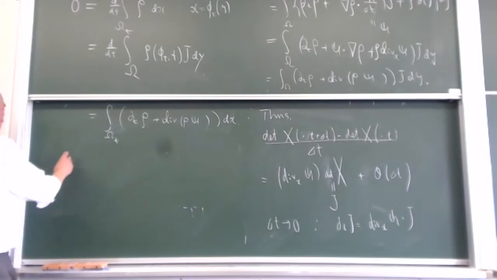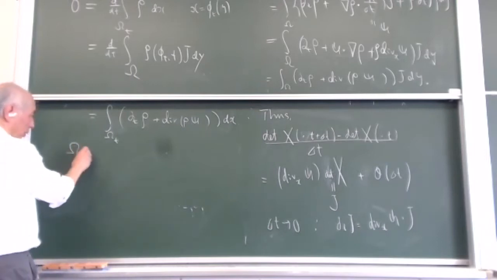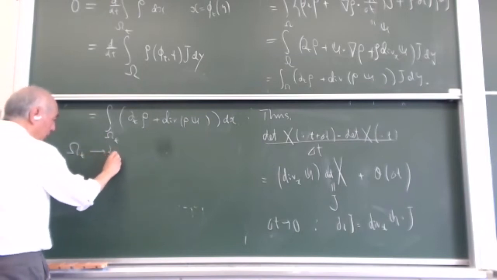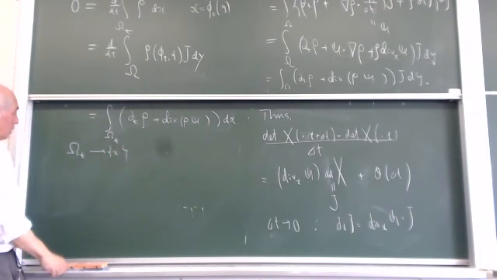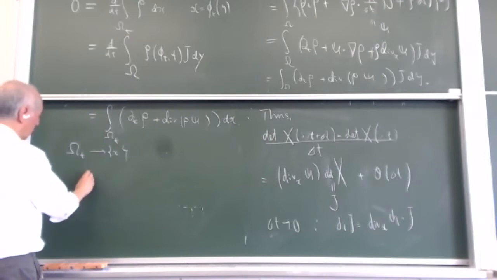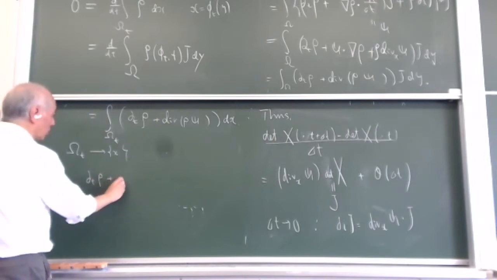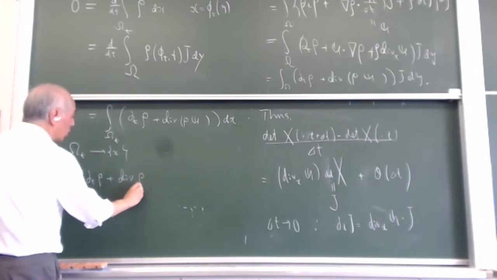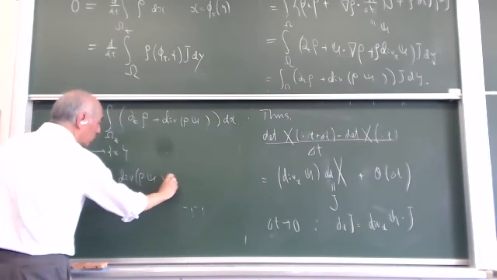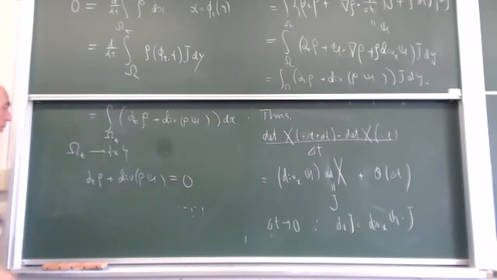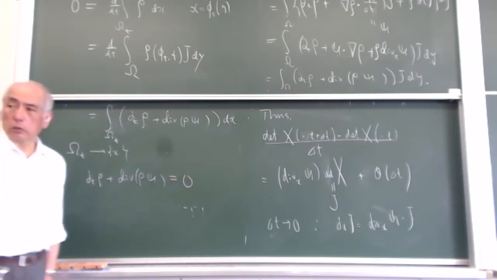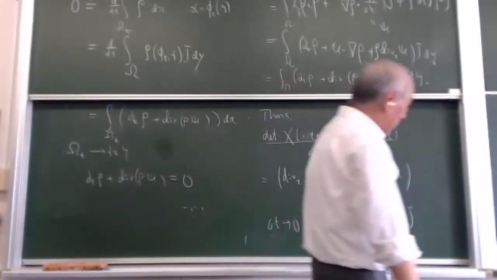And then if you shrink omega t to one point, then you get the conservation of mass.